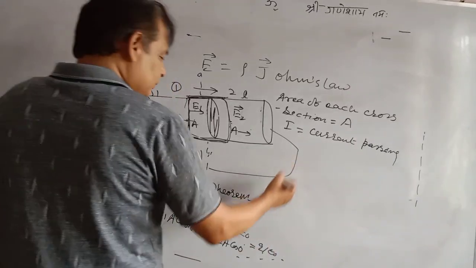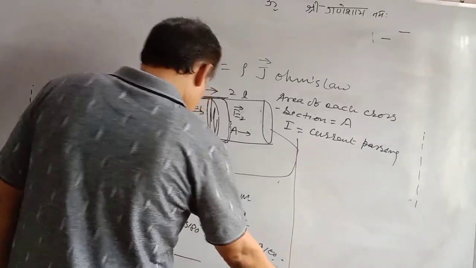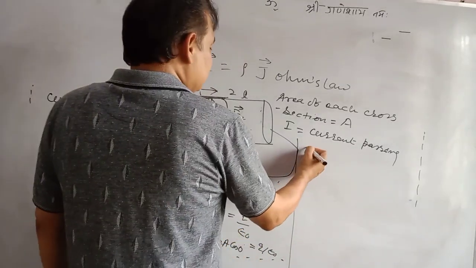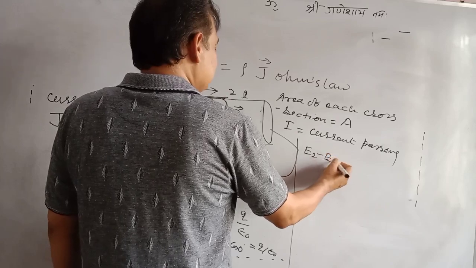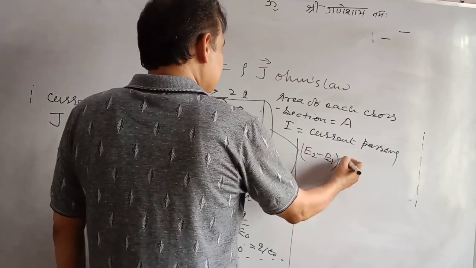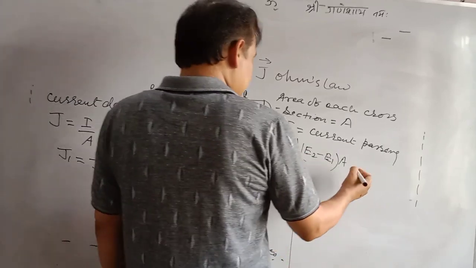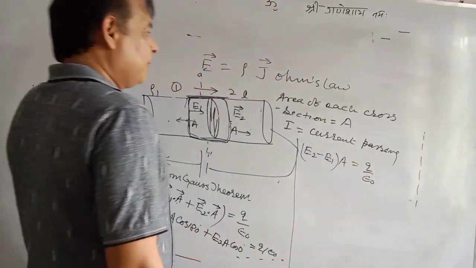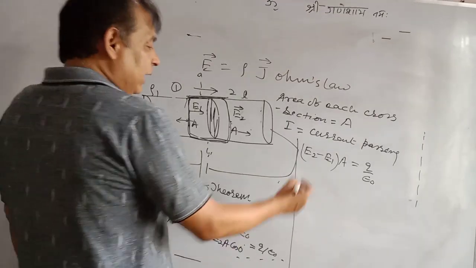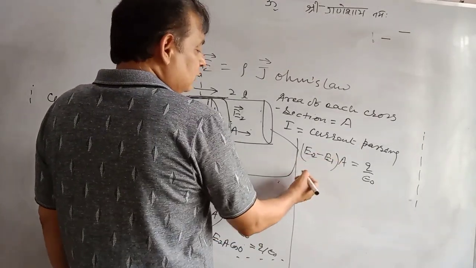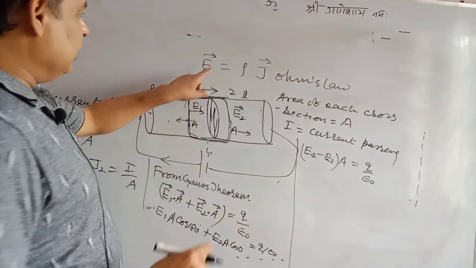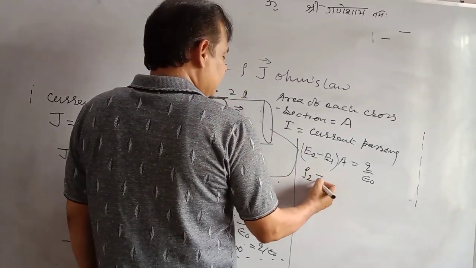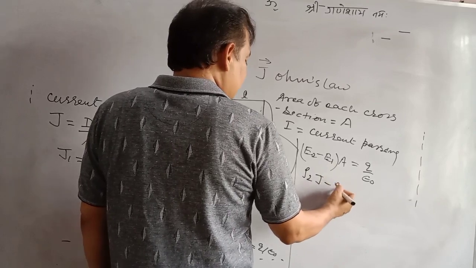But cos 180 is minus 1, so we can write (E2 minus E1) A equals Q by epsilon naught. We can write E using E equals rho J. So E2 will be rho 2 J and E1 will be rho 1 J.